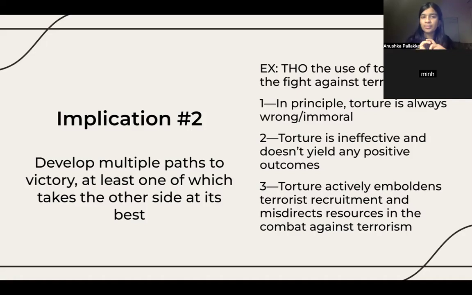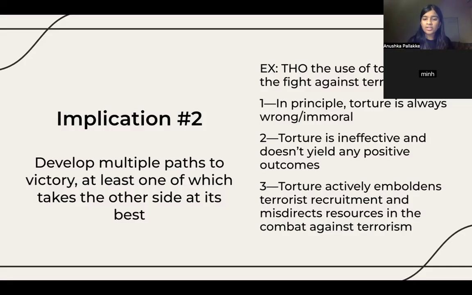Then this is going to be your very non-charitable claim. Then you're going to make it a little bit more charitable. You can say torture is ineffective and doesn't yield any positive outcomes. So you're saying that even if you use torture, it won't lead to any positive outcomes.